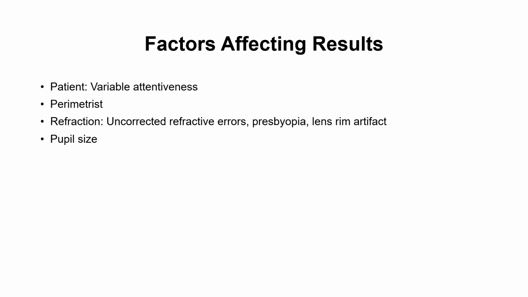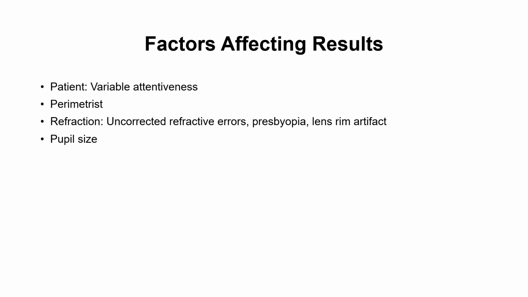And sometimes there is lens rim artifact: if they are too far from the lens, they will not see the stimuli that are at the periphery, so it will show peripheral field loss because of the lens rim artifact. So please consider all these points before getting final results from this printout. Also the pupil size, because if you have a small pupil, the light entering the eye will be much less.